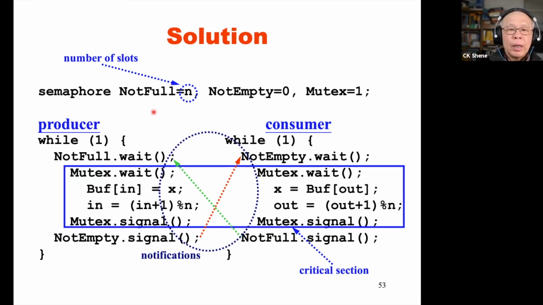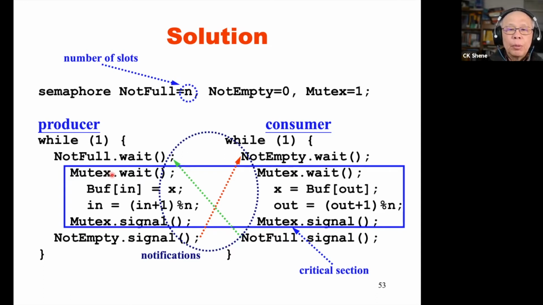Now let's say a producer comes in and checks to see is the buffer full. If it is not, this producer does not have to wait. So it proceeds to the next step in order to lock the buffer.